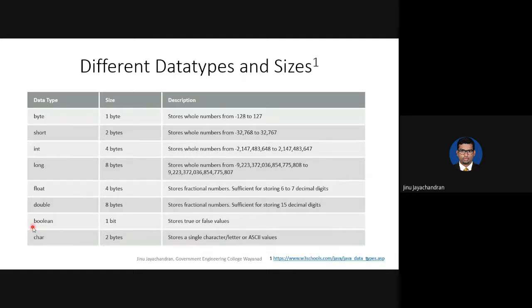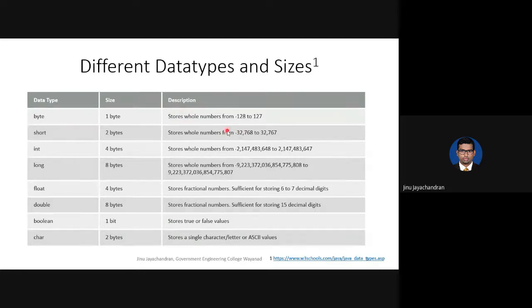Boolean is actually 1 bit, but internally it is 1 byte, though we can say 1 bit. Char is 2 bytes, float is 4 bytes, double is 8 bytes, which is an extended version of float. Long is 8 bytes, which is an extended version of int. And in the third column, we can see the maximum number that can be stored in each of these data types.